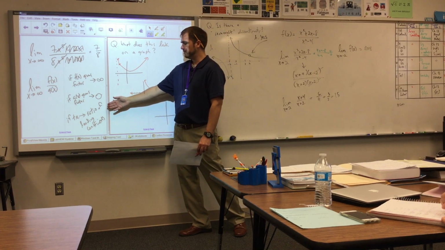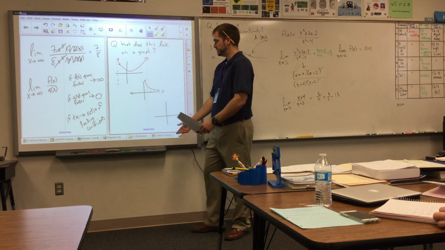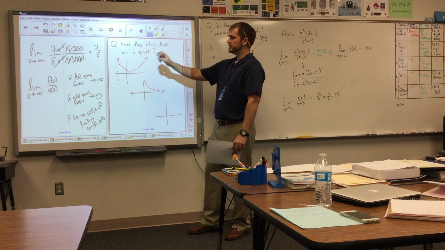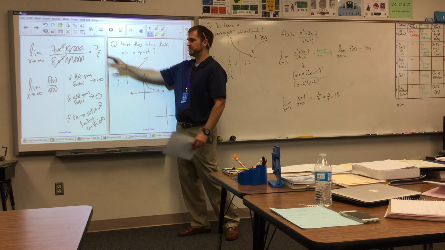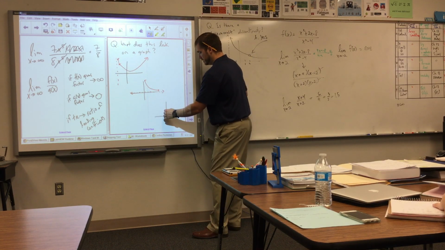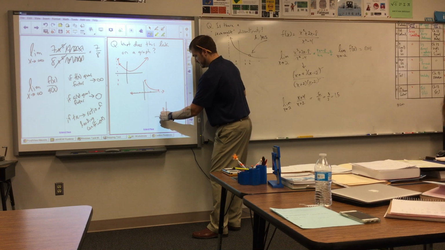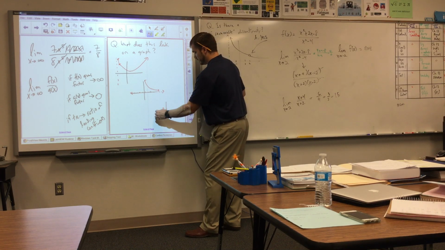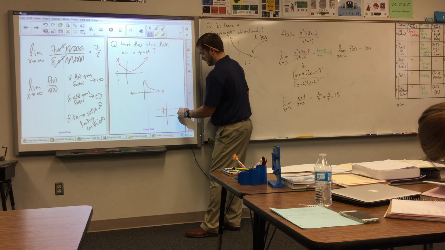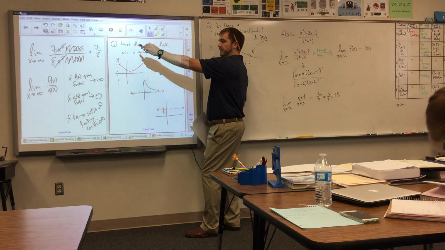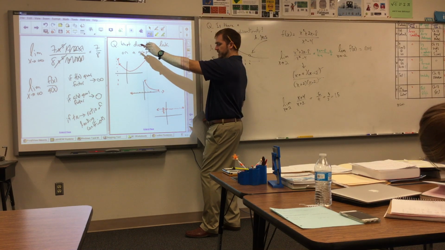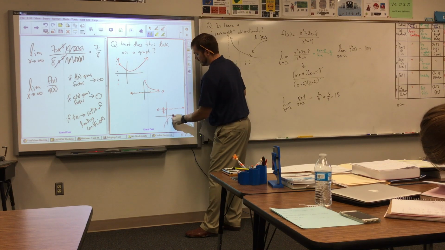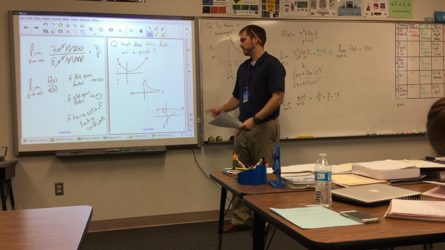And if you've got a tie where you get the ratio of leading coefficients, that means your function is approaching a specific number. So in our problem up there, where our function was approaching 7/8, that's going to correspond to a horizontal asymptote at that number.